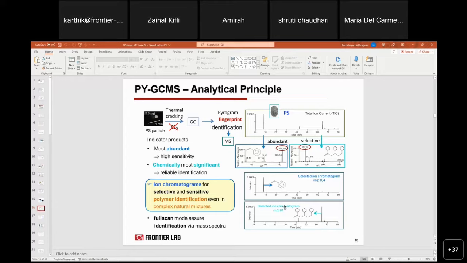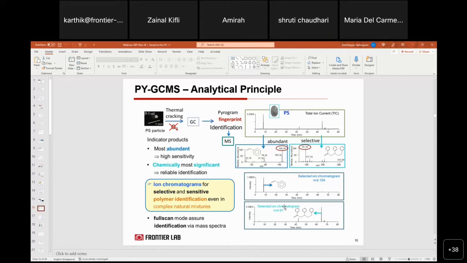So, the pyrolysis GCMS analytical principle. Pyrolysis is a thermal analytical technique where you use high temperature in the absence of oxygen, which leads to thermal cracking of the macromolecule into micromolecules.